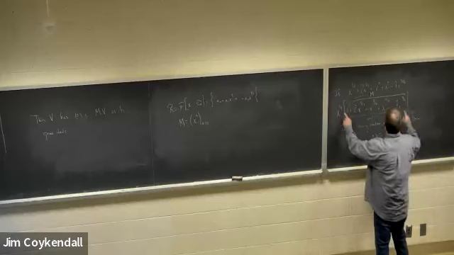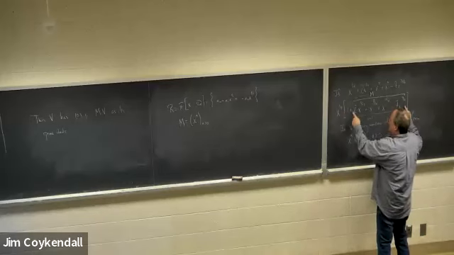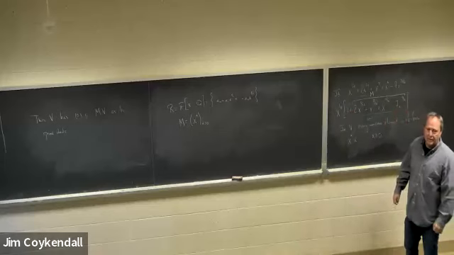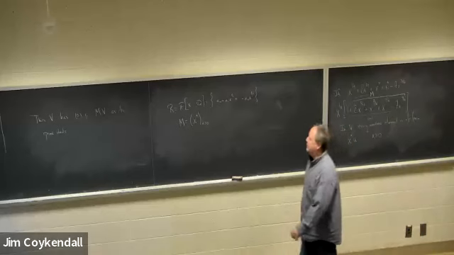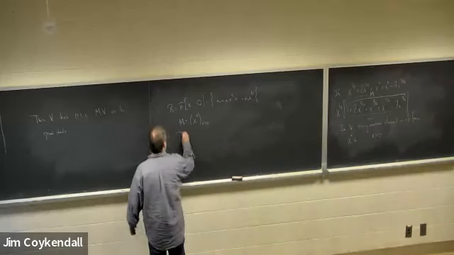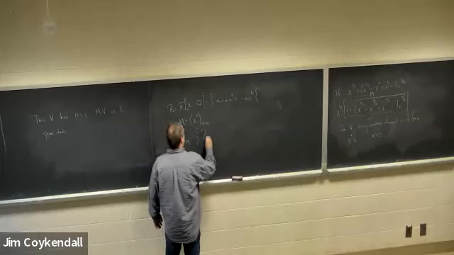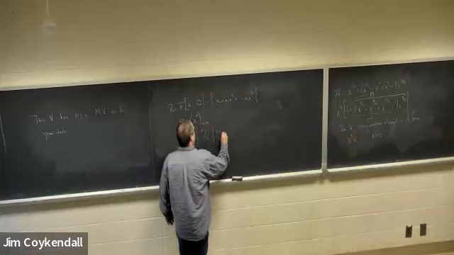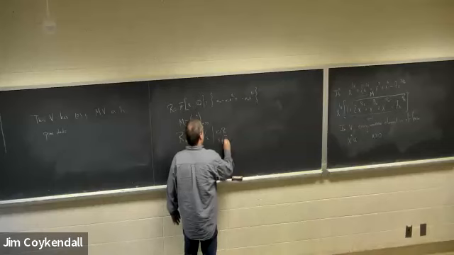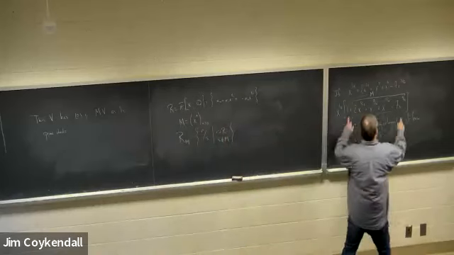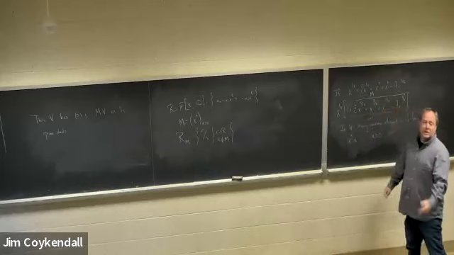Because if this whole thing were in the maximal ideal, and this piece is already in the maximal ideal, this minus this gives you 1 in the maximal ideal, which is not possible. And when you localize, this is the set of r over s, where r is in R and s is not in the maximal ideal. So in particular, this thing not being in the maximal ideal is now a unit.